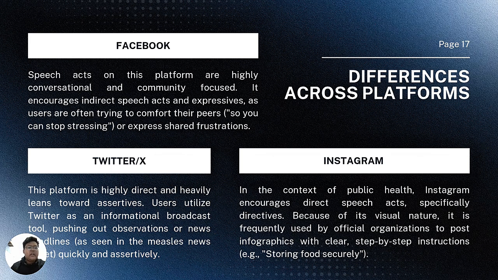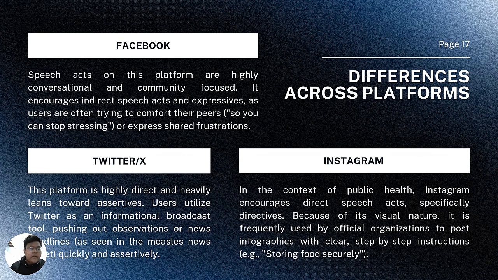It allows expressiveness and indirectness because it feels like you talk to someone, but online. Basically, it's not like Twitter or Instagram where you give information to an audience; it's more like you sit down together and talk with your friends, but on a digital platform.